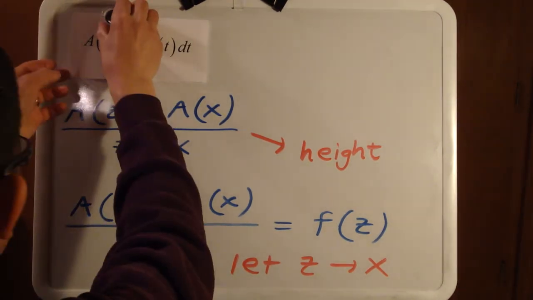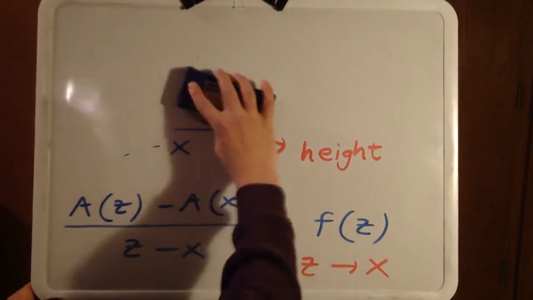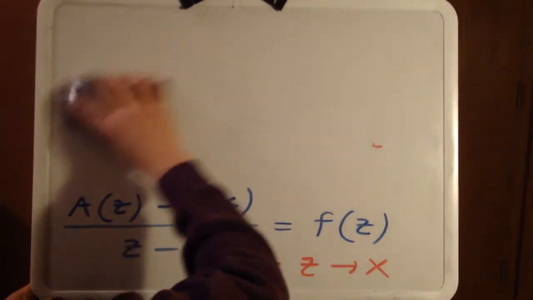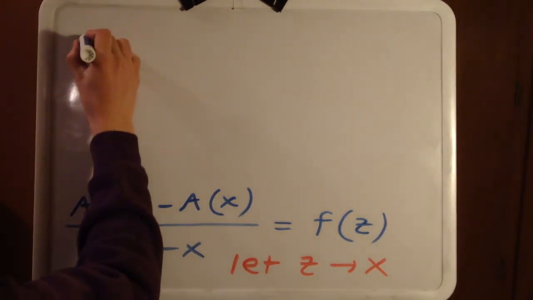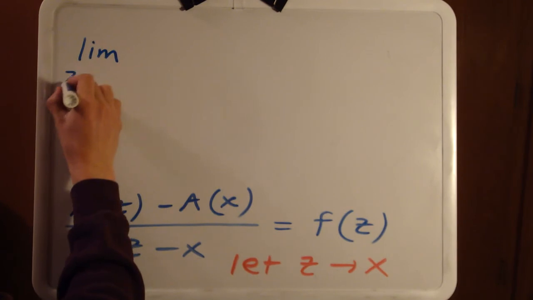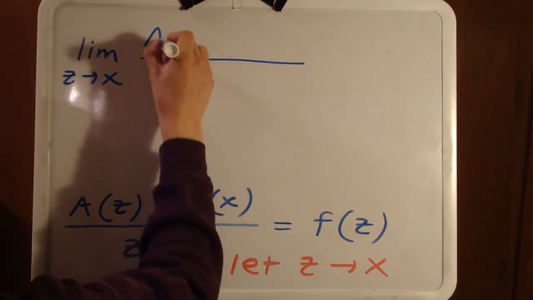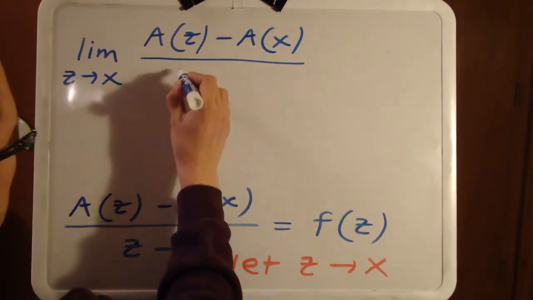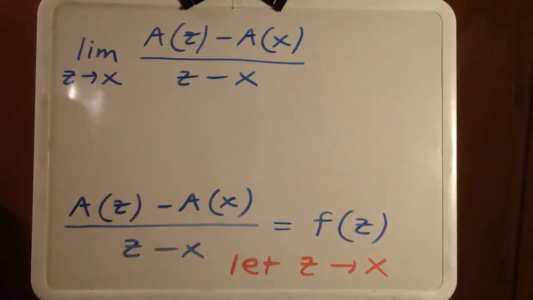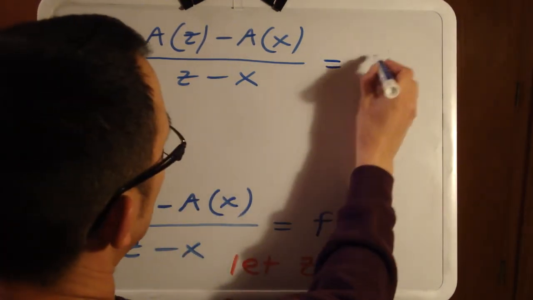Okay, so I'm going to move these things down here, and we'll finish the work. I'll write this out in front. This is the limit as z approaches x of A of z minus A of x, over z minus x. Then we take the limit, so this is going to equal f of x.